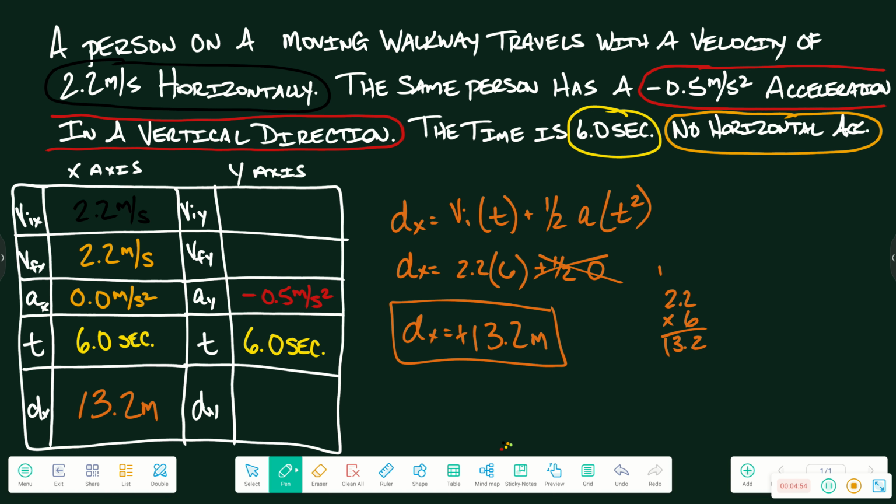Now you need to solve for final velocity of y, initial velocity of y, and what the displacement will be in the y direction. All right. So you know that's 13.2 on this side.